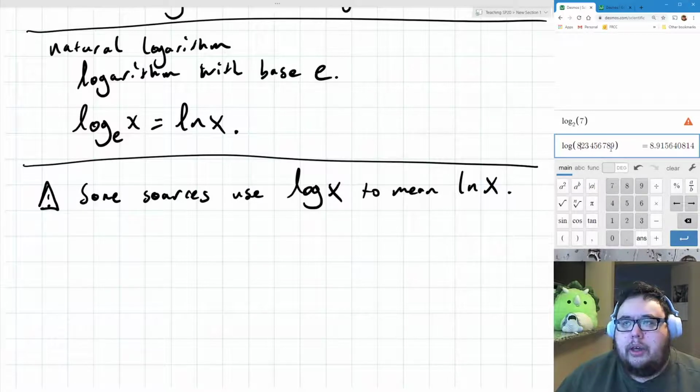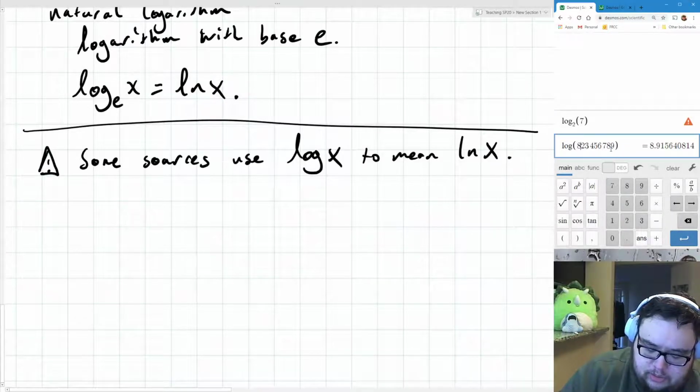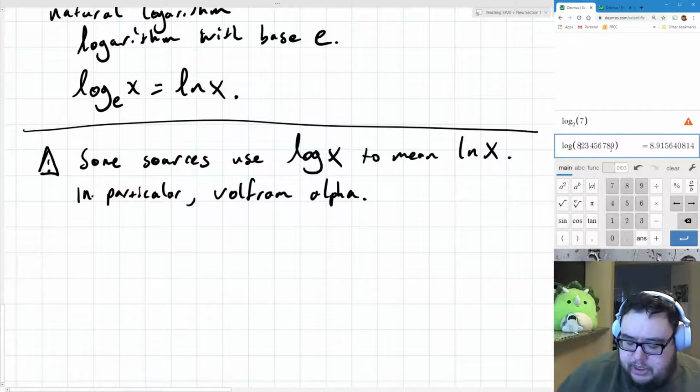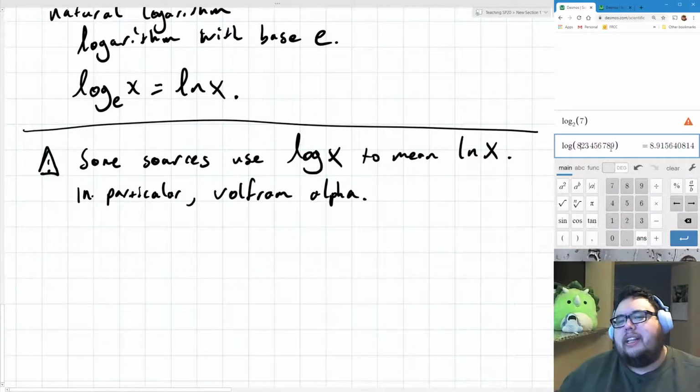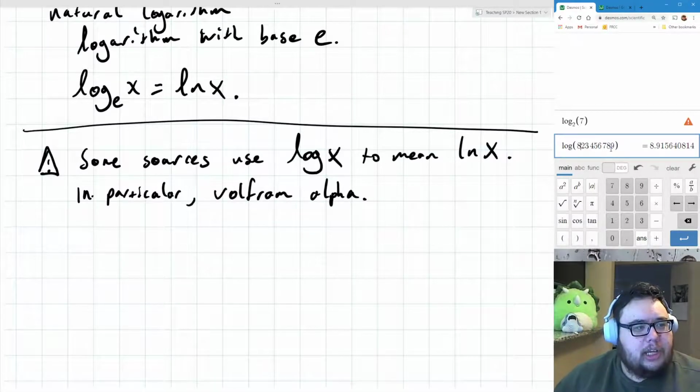So if you look at maybe older or higher level mathematics textbooks, or in particular, Wolfram Alpha, which is kind of like a calculator website, but it's the craziest, most powerful calculator in the world.